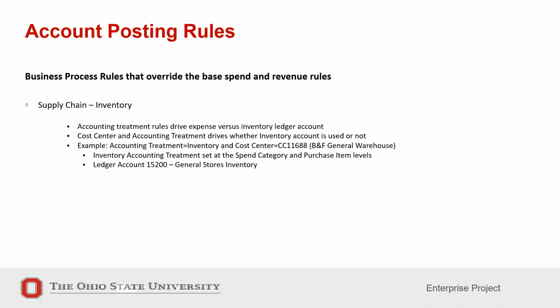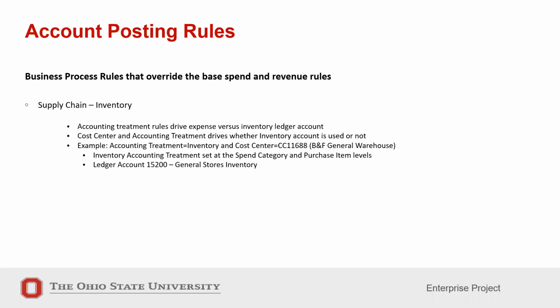Okay. So next, we're going to look at inventory. How do we determine whether something's going to post to an inventory account versus the regular expense account? That's truly determined by a rule that looks at cost center plus the accounting treatment that is set at the spend category.